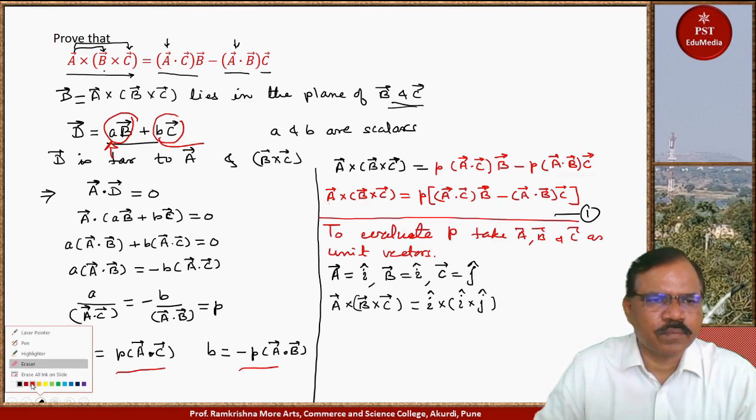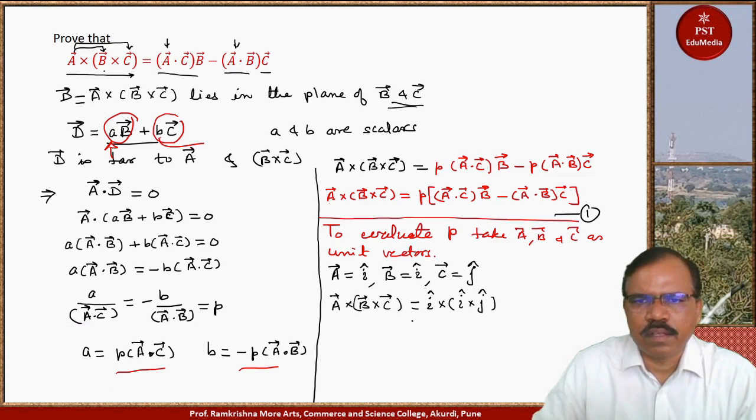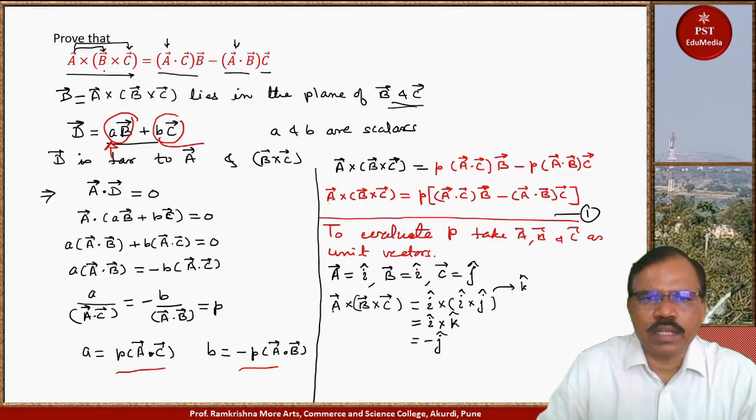So here I cross J is K, then I cross K, and I cross K is minus J. So here we got A cross B cross C is equal to minus J.